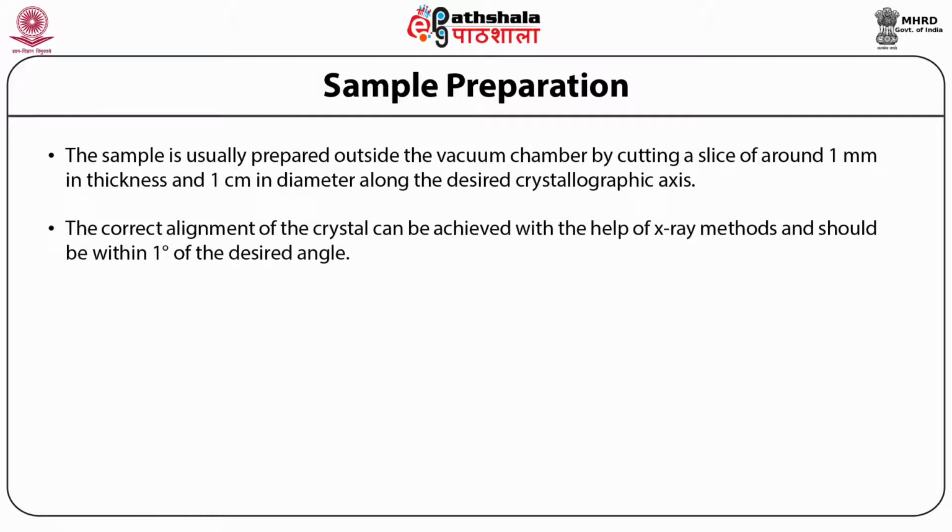After being mounted in the UHV chamber, the sample is chemically cleaned and patterned. Unwanted surface contaminants are removed by ion sputtering or by chemical processes such as oxidation and reduction cycles. The surface is flattened by annealing at high temperatures.